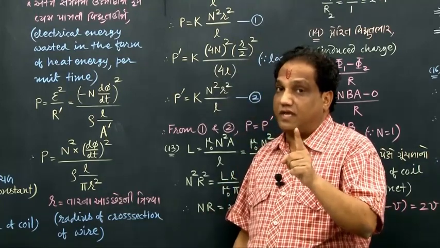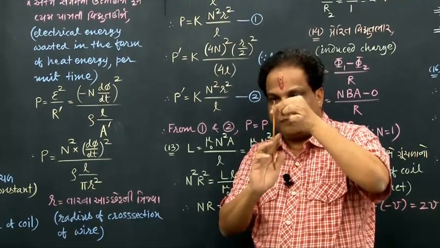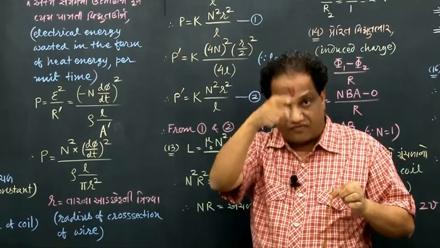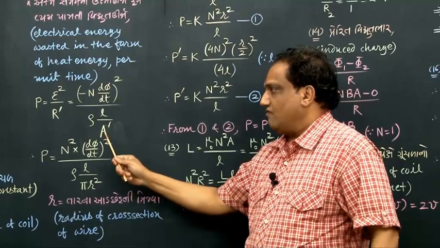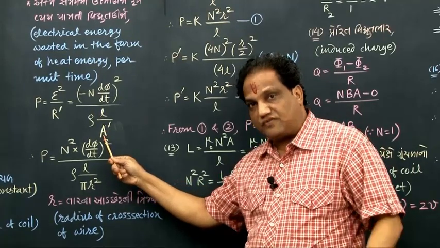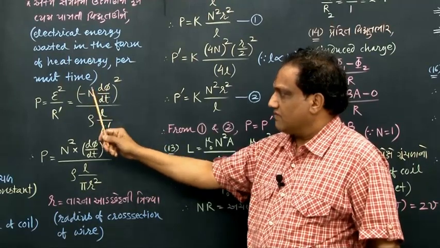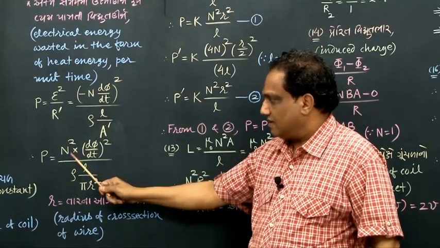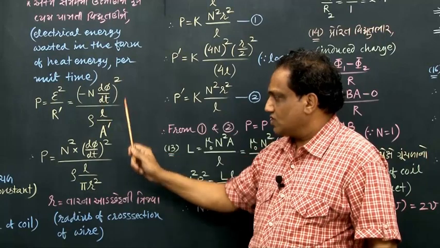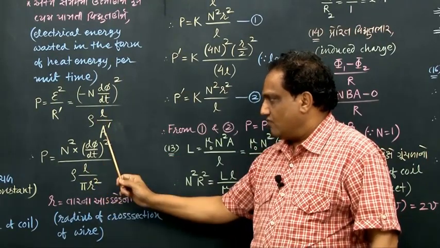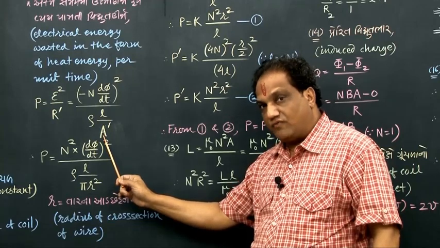Now they are taking cross section area of the wire. Cross section area of wire is different from cross section area of the coil. Cross sectional area of wire I am placing A dash. Fine. Now tell me, when you make it square, minus will become plus N square, d phi by dt whole square. Rho as it is. L as it is. What is this? Cross section area of the wire.